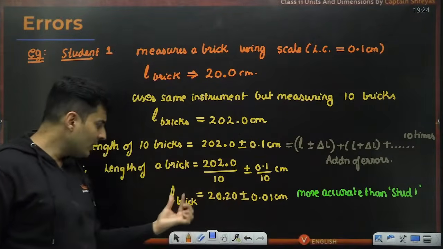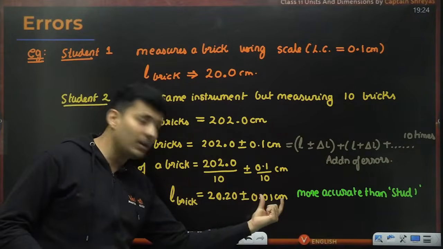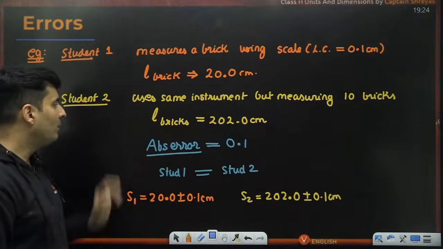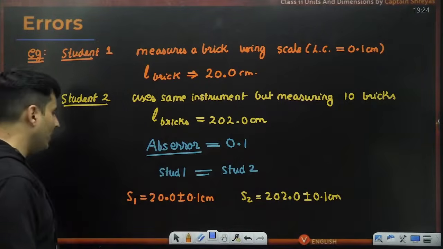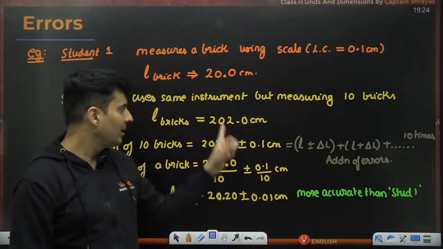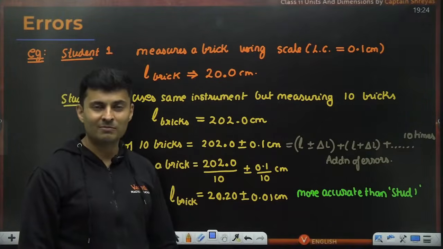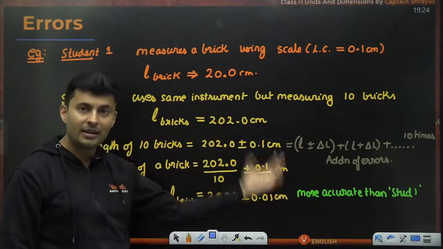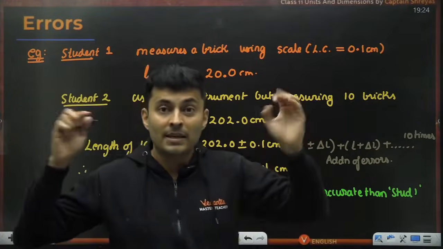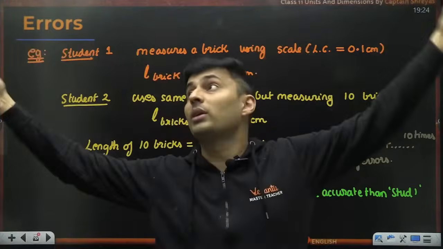So, when you are seeing it per brick, the absolute error by student 2 is no longer 0.1, rather it is 0.01. So it is definitely smaller than student number 1. So this is more accurate as compared to student 1. So whenever you take average, yes, that error is there in the total quantity.